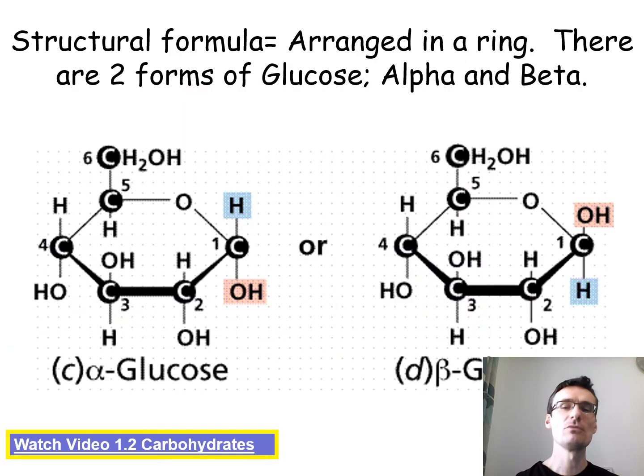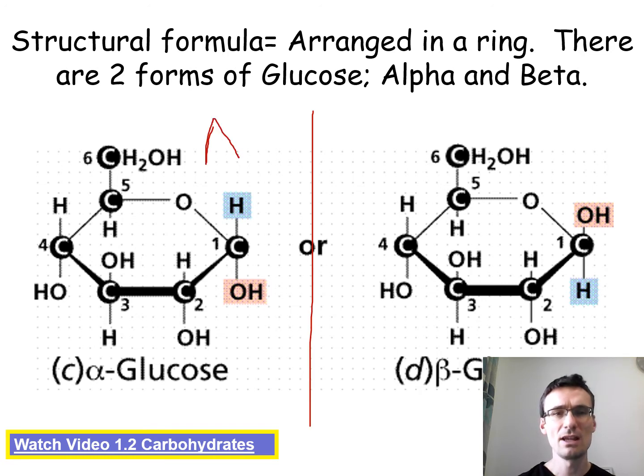So just to remind you, because you need to know this, alpha and beta glucose. If you watched the first video I did, you will remember I told you about the difference between alpha glucose and beta glucose.